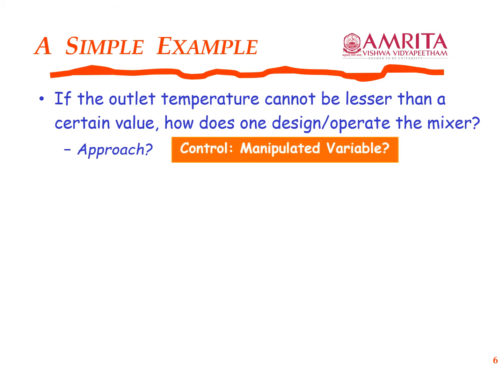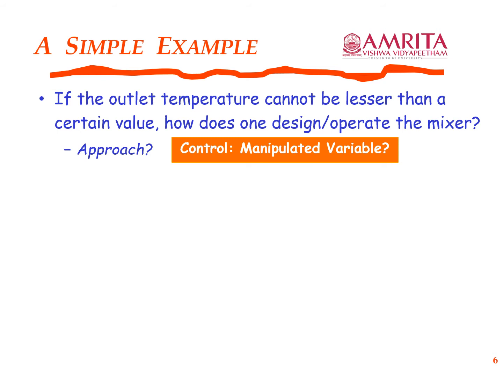Now, you have to ask yourself, whenever there is a control problem, what is the manipulated variable? You know the control variable. The control variable is the outlet temperature. Now, what variable are you going to manipulate in the mixing process to achieve this desired outlet temperature? In a Y junction, there is not much of a say in terms of a pressure to expand a gas and then cool it or whatever it is.